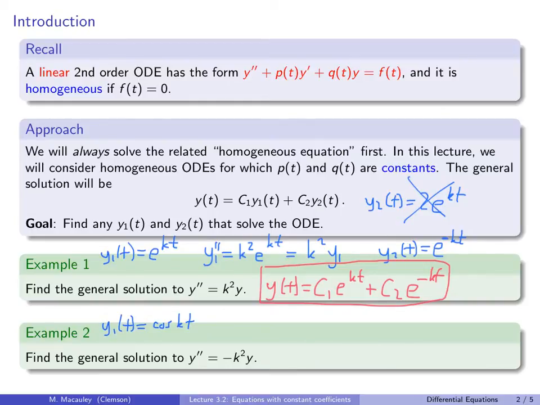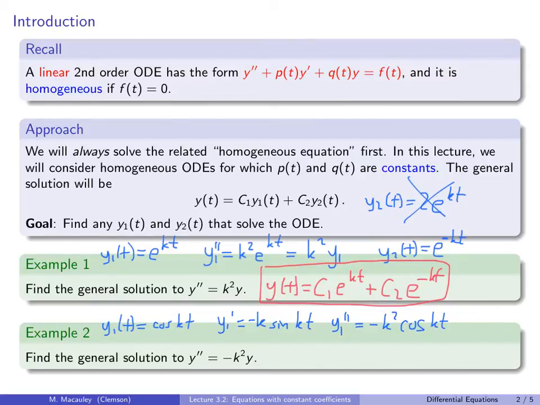When you take one derivative, a k pulls out, and y1 prime is k sine of kt, and I think we need a negative sign here, right? Yeah. And then for y1 double prime, now you just get a k out, and so we get negative k squared cosine of kt.